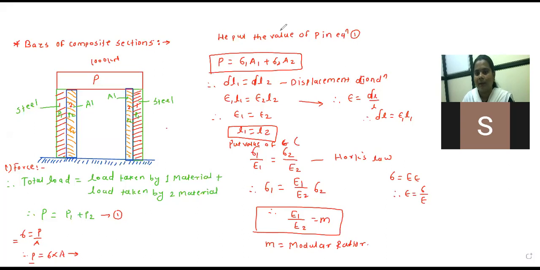I will rewrite once again. Put the value of epsilon from this equation, and finally you get E1 upon E2 equal to M. So this is called the modular ratio. Please write this down fast.